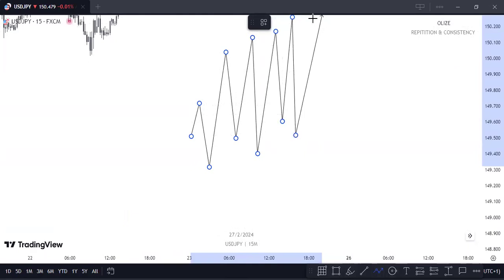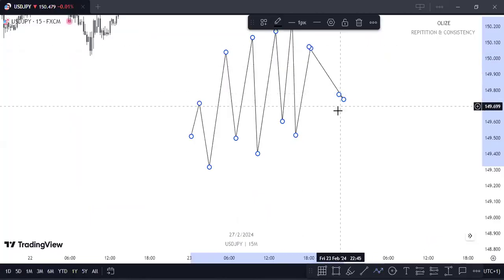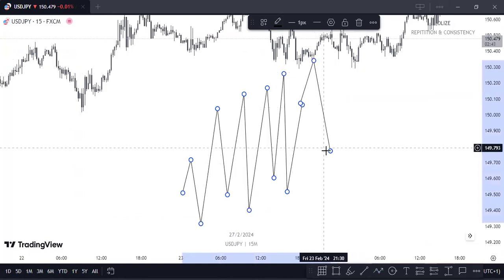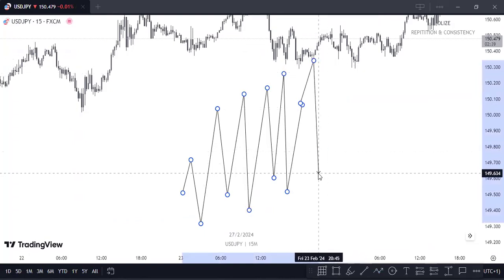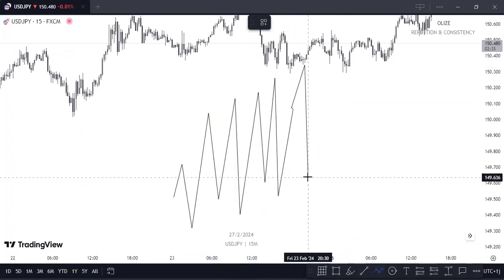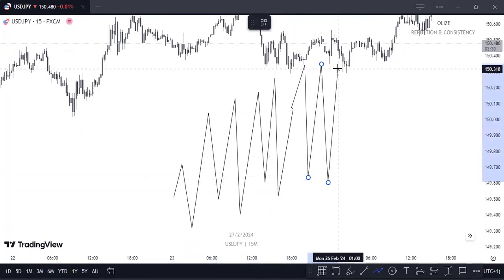Price takes out liquidity, you are done with that range.